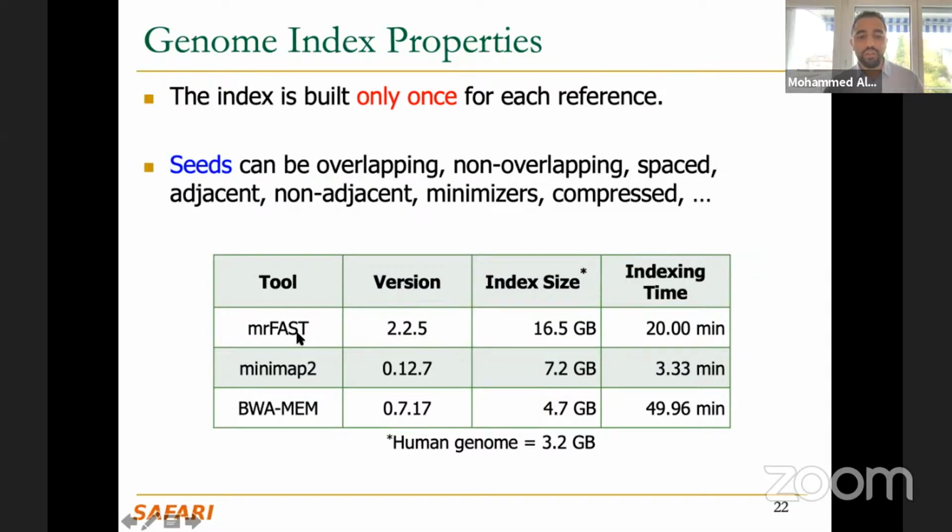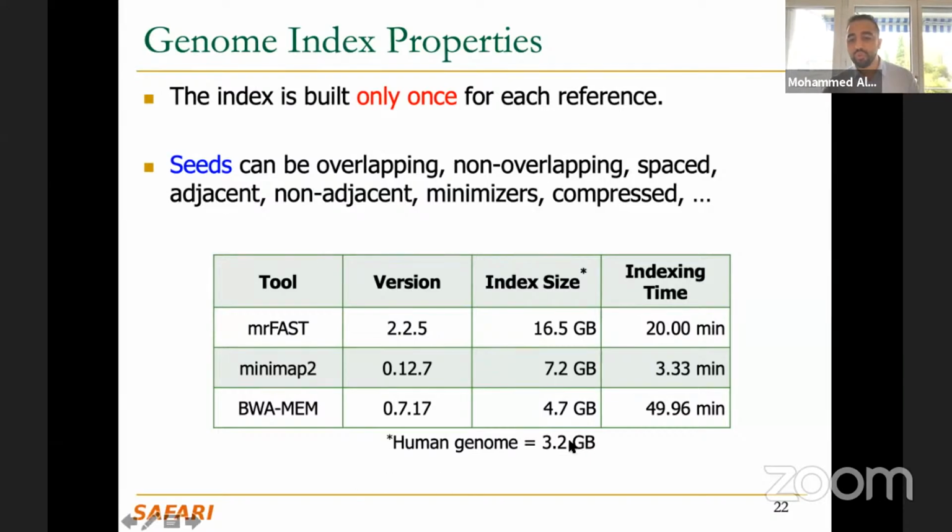So we compare here three state-of-the-art or well-known tools, and we find the index size really varies. Remember, the human genome FASTA file size is 3.2 gigabytes, because we have 3.2 billion characters, and each character is represented using a single byte.